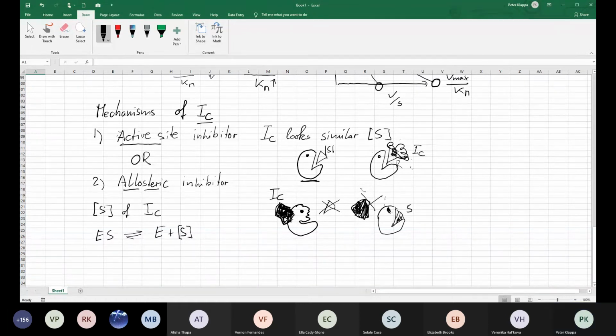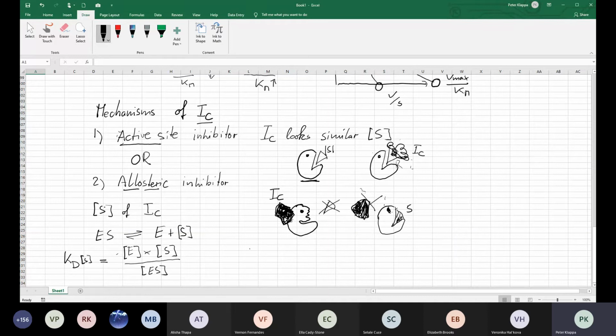I've usually written it the other way around, but that's very easy to see. We have the concentration of enzyme times the concentration of substrate divided by the concentration of the enzyme substrate complex, and that is usually given as the dissociation constant for the substrate.